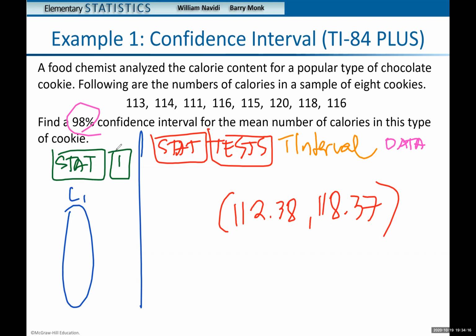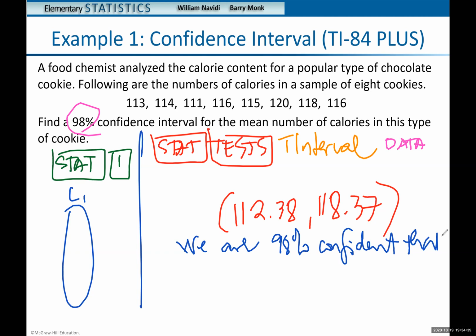How do we write the interpretation here? Your confidence level is 98%. So we are 98% confident that... what are we talking about here?